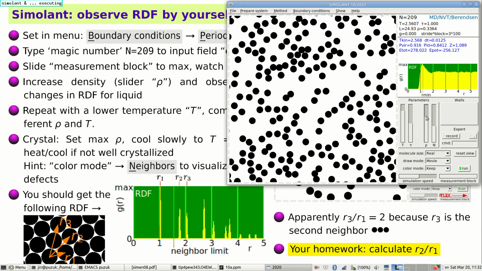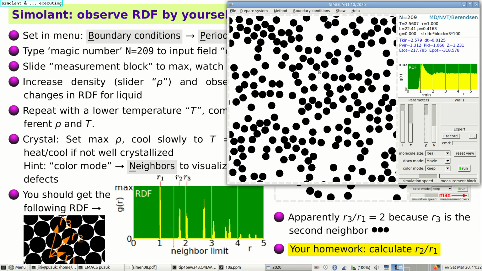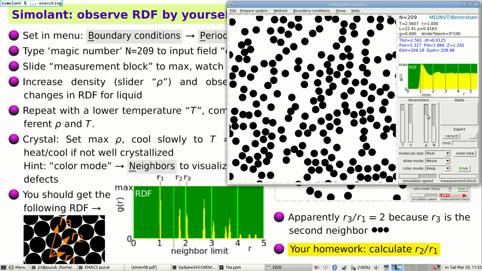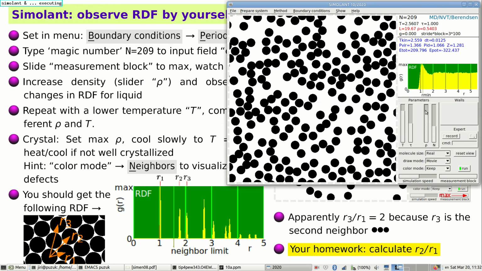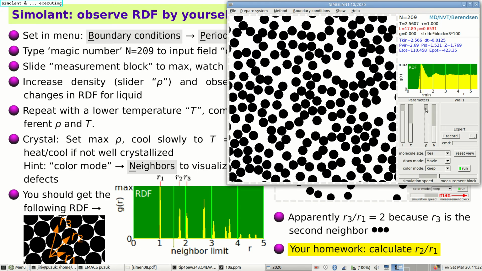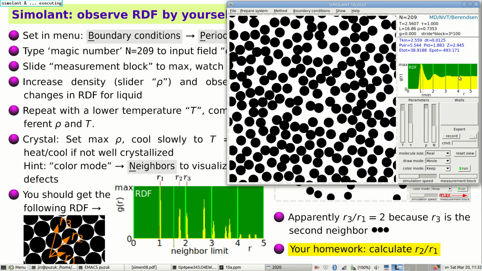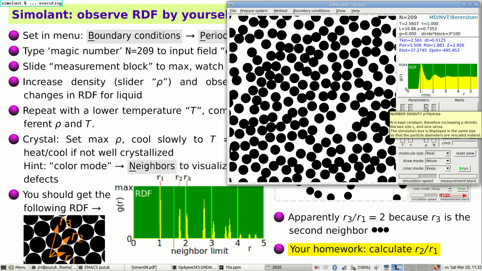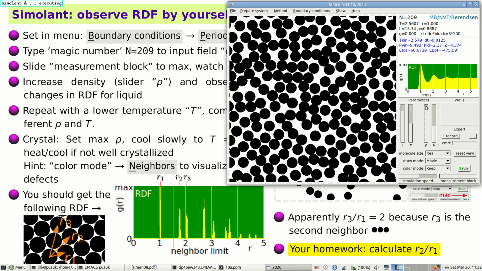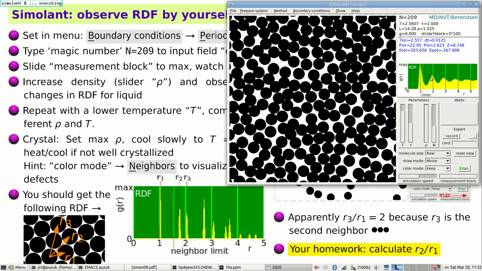Still, the radial distribution function looks similar, but here, as the liquid gets denser, we can see the first minimum. And with a higher density, the shell structure already develops. So let's continue with increasing density. And the higher the density, the more pronounced the structure.